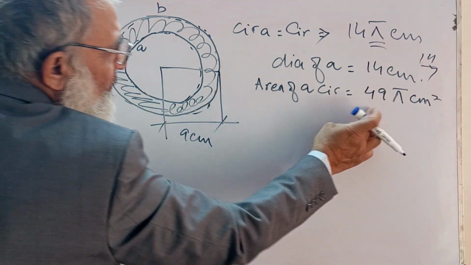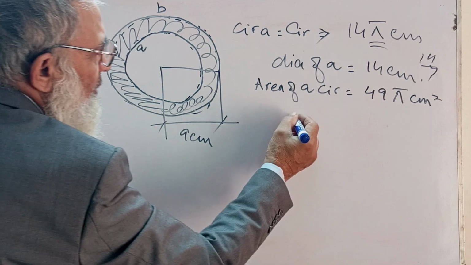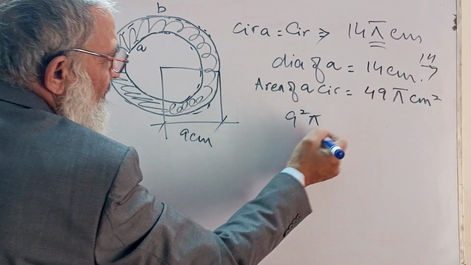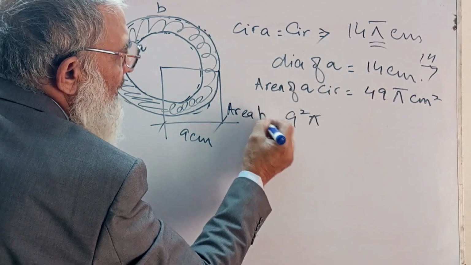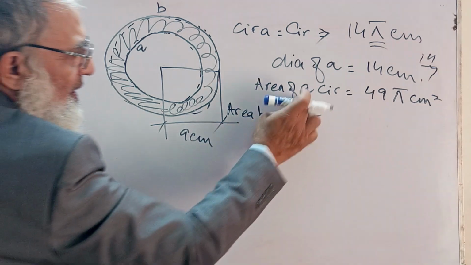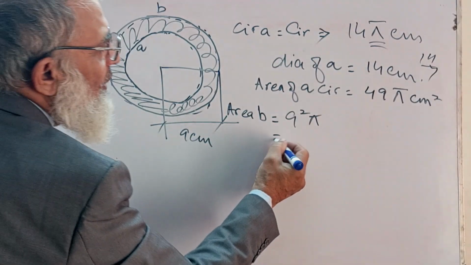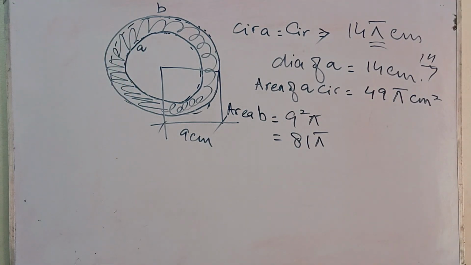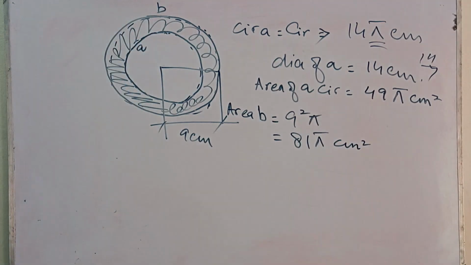So the area of circle A is 49 pi centimeter square, and the area of the larger circle, area of B, is equal to 9 square pi, because 9 is the radius, so it will become 81 pi centimeter square because it is area.